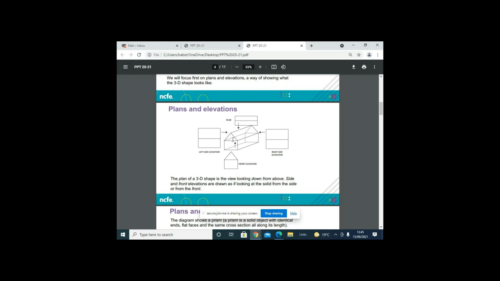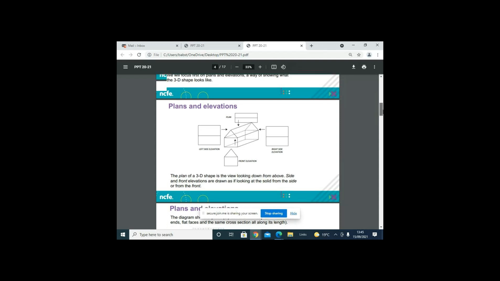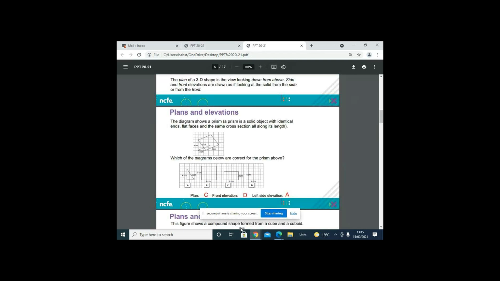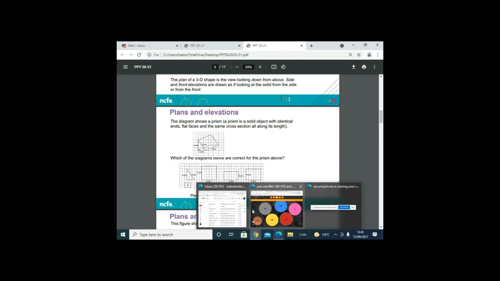Then if you are on the right too, you see the same thing. That was what I was talking about. You are drawing the 2D part of a 3D shape. So look at this one. I want to show you this.